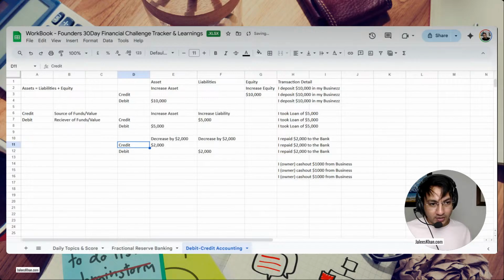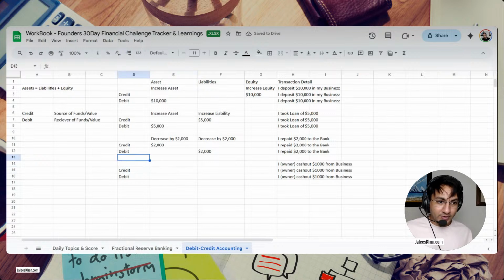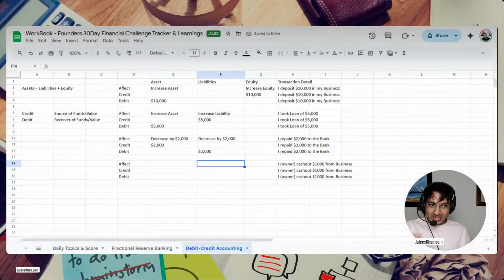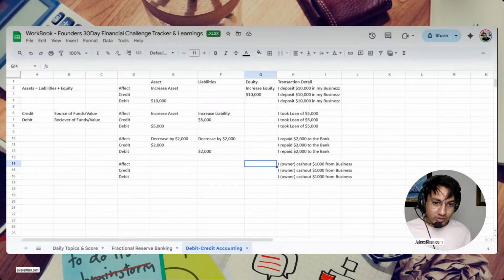What is happening is that I'm cashing out the amount from the business, then my equity in the business is going to decrease by $1,000.